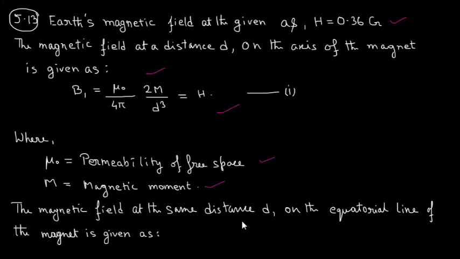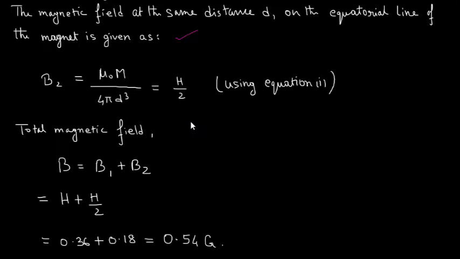The magnetic field at the same distance d on the equatorial line of the magnet is given as B2 is equal to mu naught m upon 4 pi d cube is equal to H by 2 using equation 1. Total magnetic field B is equal to B1 plus B2.